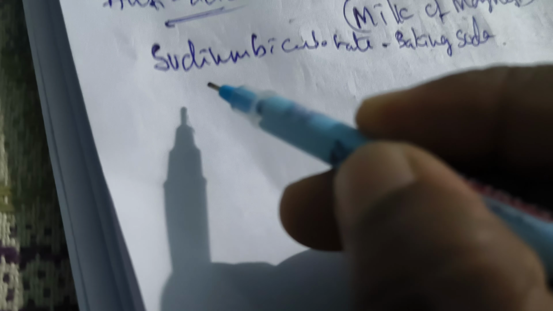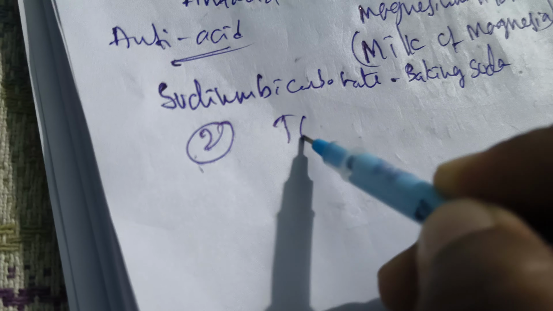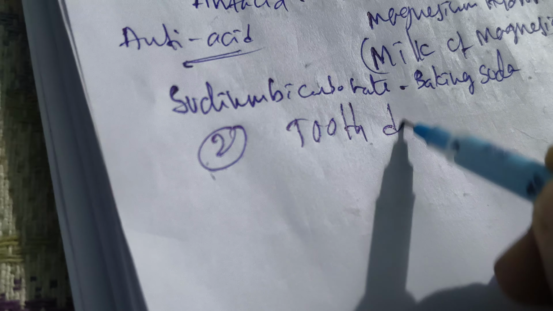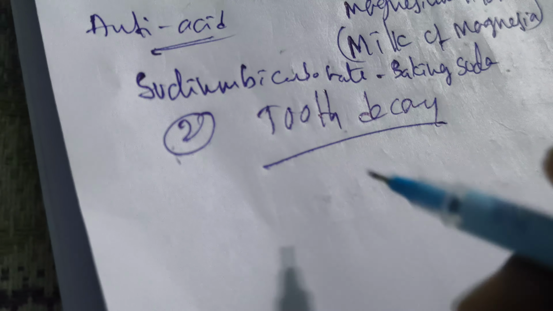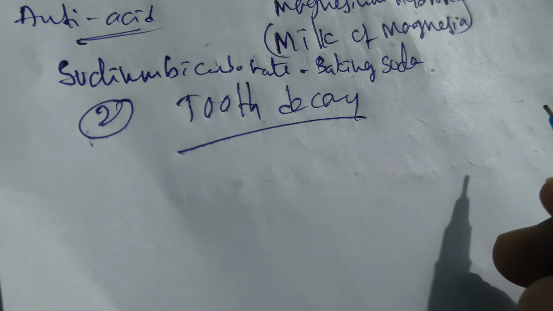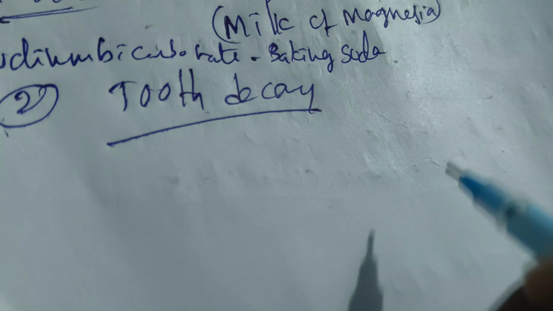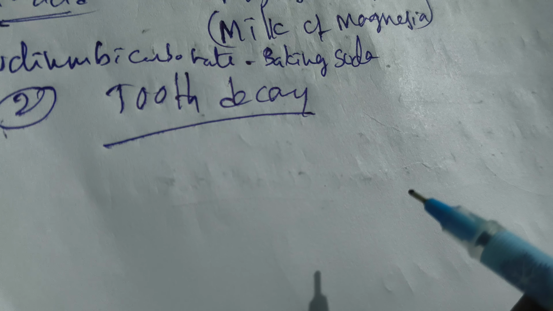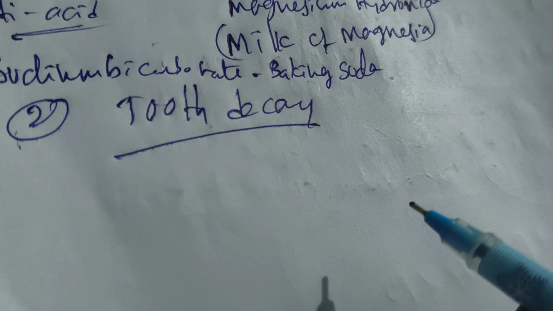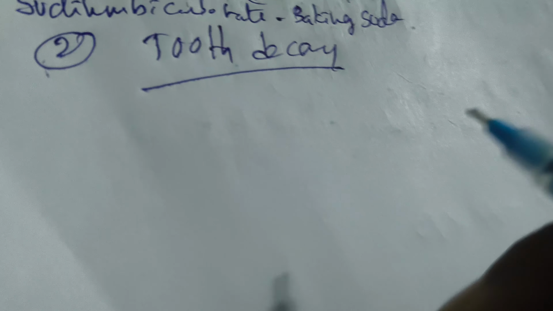Next one is about tooth decay. When we eat food containing sugar, the bacteria present in our mouth break down the sugar to form acids.